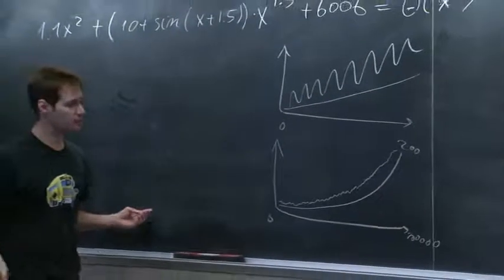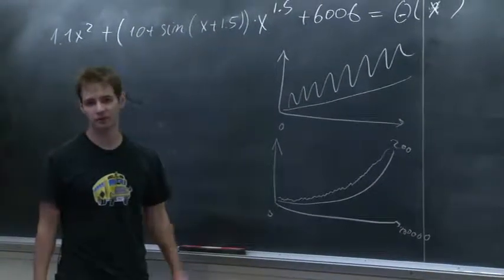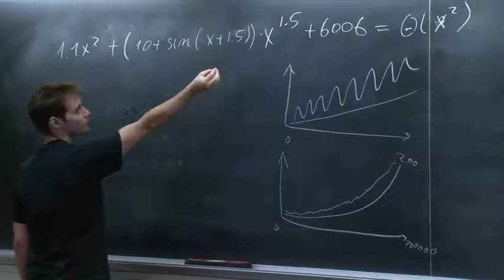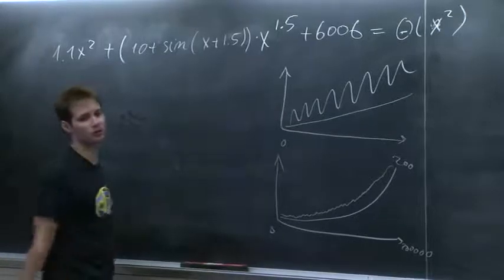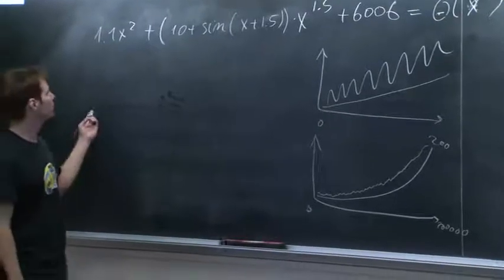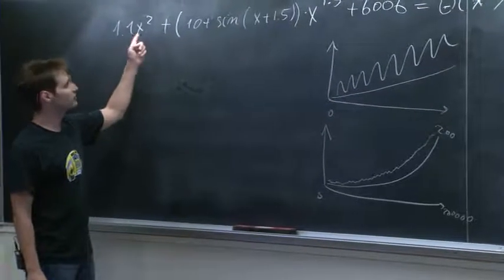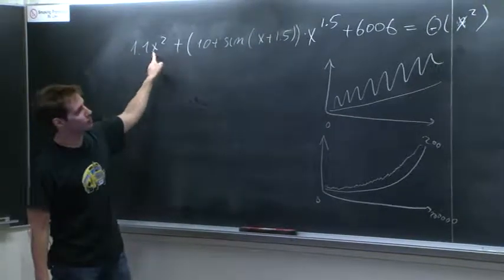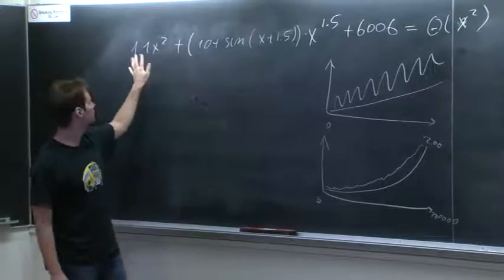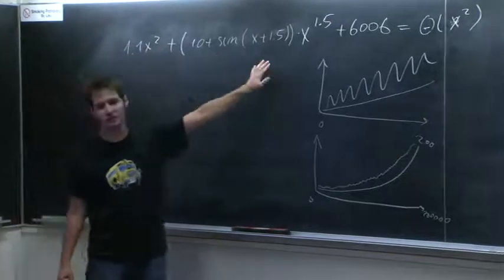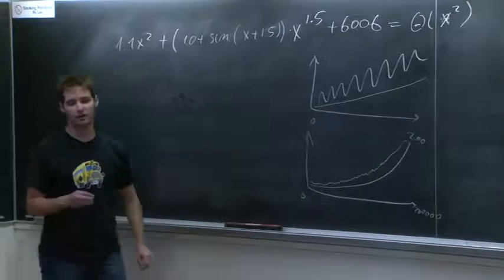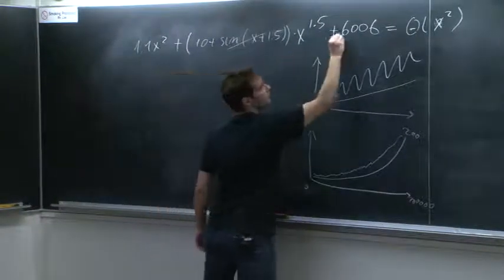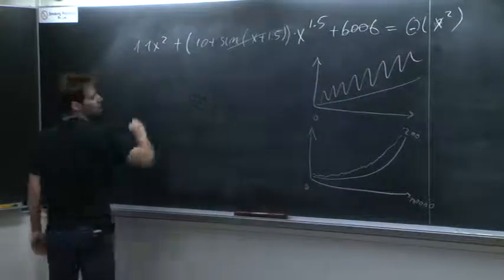And as you make the scale bigger and bigger, you can't even see this noise anymore. The reason is that all the noise is in the x to the power of 1/5 term. And as the input to the function gets bigger and bigger, this grows at a much faster rate than that. So if what I care about is how the function grows, I can ignore anything aside from the dominant term.